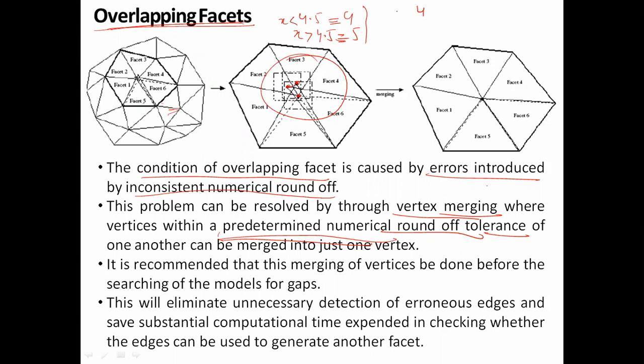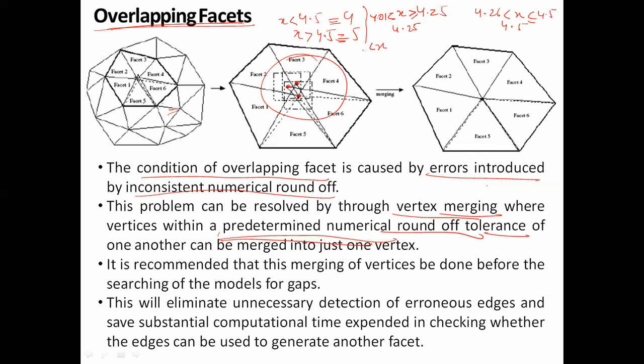If x is greater than 4.01 but less than or equal to 4.25, the value is taken as 4.25. If x lies between 4.26 and 4.5, then it is 4.5.